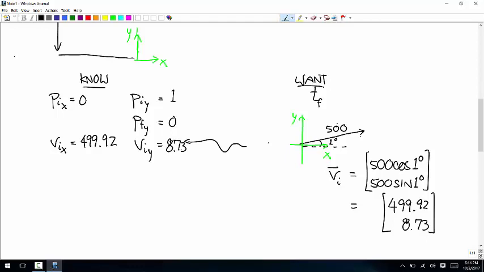And do we know anything about the final velocity? No. We do know that we don't know that the velocity is going to be 0 when it hits the ground, because we can only use this analysis until right before it hits the ground. So we don't know what that velocity is.